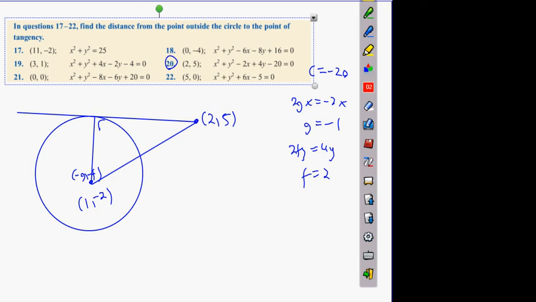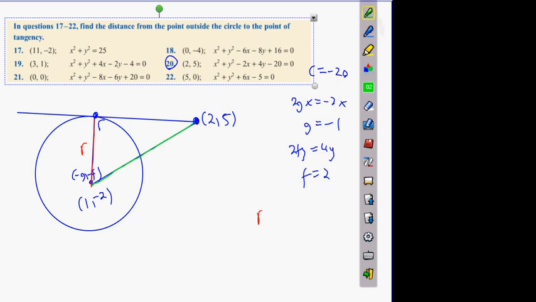To operate Pythagoras' theorem, I need to first find out the red distance, which is the radius, then the green distance, and then I can find out the blue distance. The blue distance is the difference between this point out here and the point where the tangent actually occurs.